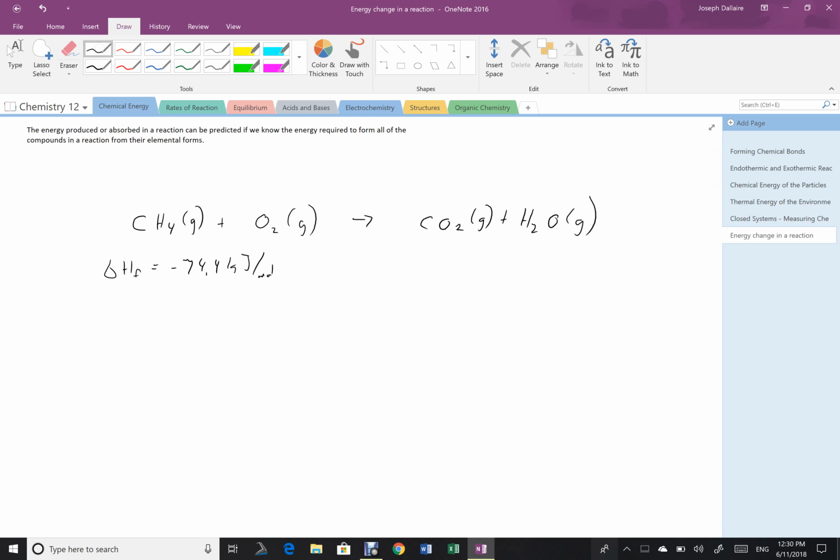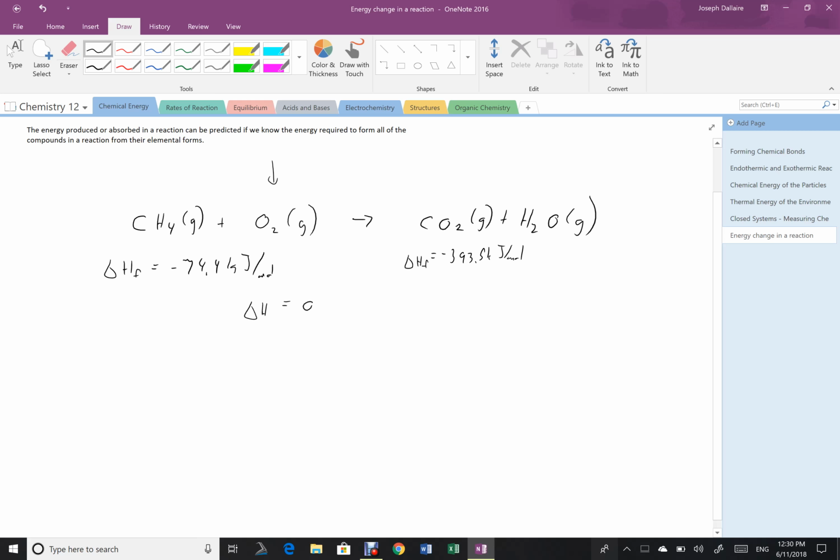Okay, anyway, not getting too distracted by that. O2 is in its elemental form, so that's nice. I don't have to look that one up. Its delta H is going to be 0. CO2 I can look up. Carbon dioxide will probably only be stated as a gas. So, negative 393 kilojoules per mole.